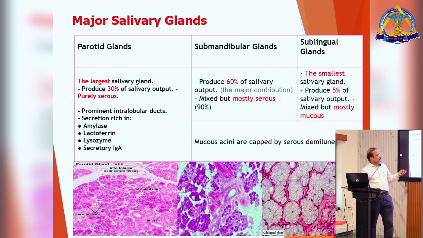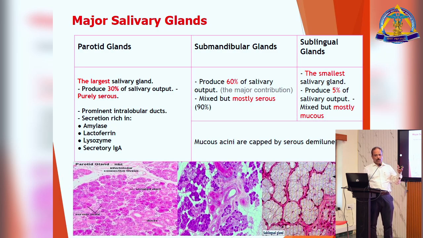The parotid is the largest salivary gland. It produces 30% of salivary volume. The next major salivary gland, again paired, is the submandibular gland, which is a mixed salivary gland but produces more mucinous secretion in comparison to the parotid. Then you have the sublingual glands.